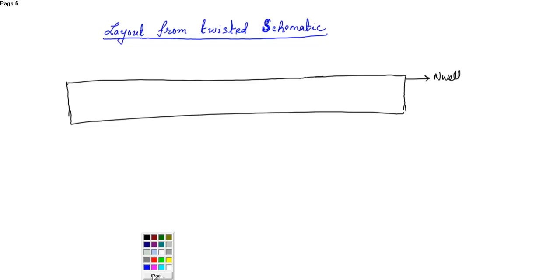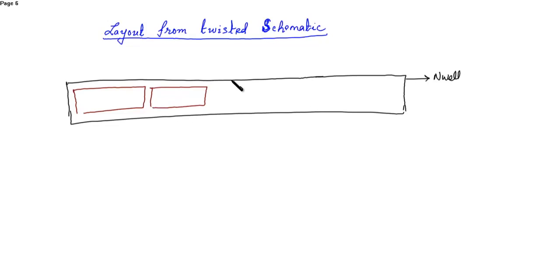Then we need diffusion. P diffusions, we need 4 P diffusion. This is P diffusion 1. This is P diffusion 2. You have P diffusion 3. This is the P diffusion 4.